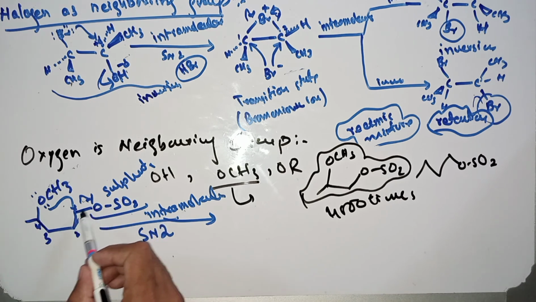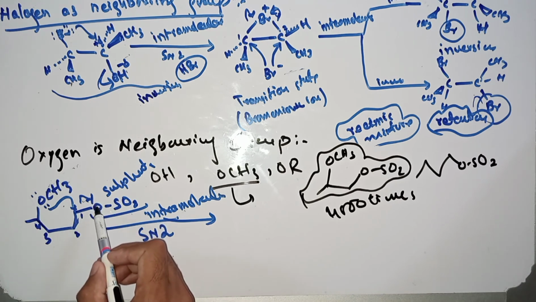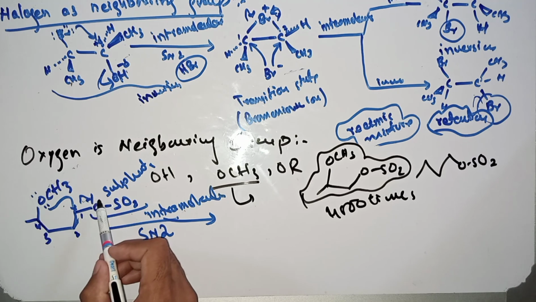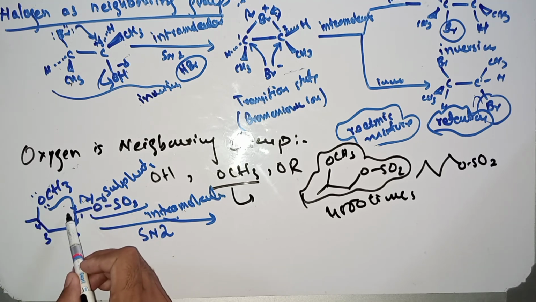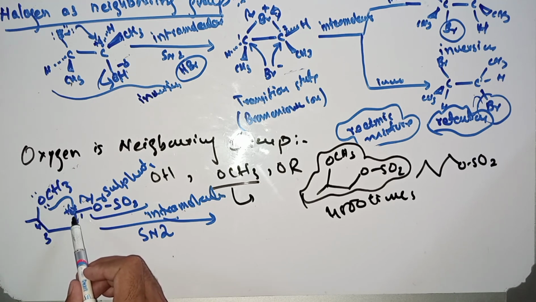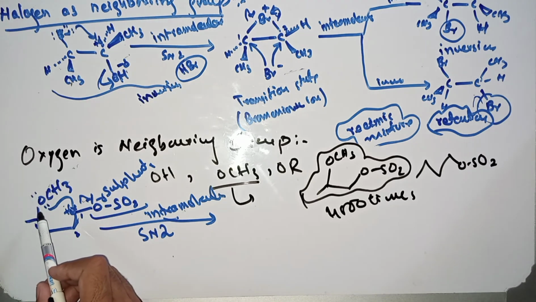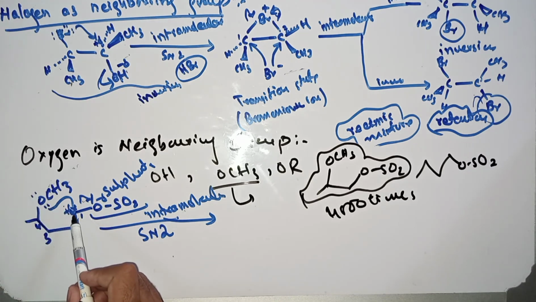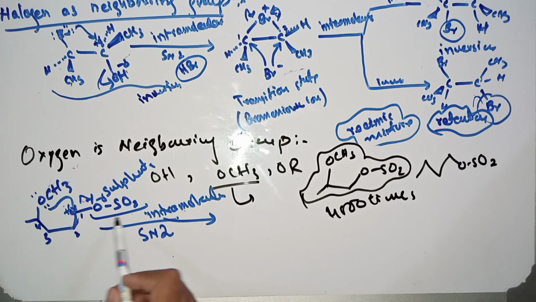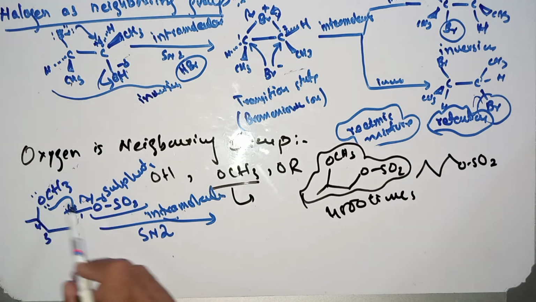The sulfonate group is an electron withdrawing group, so it gets a partial negative charge, the bond becomes polarized, while this carbon gets a partial positive charge. So this carbon will act as an electrophile and the lone pair of methoxy will attack this carbon, so the sulfonate group will leave when the attack occurs.